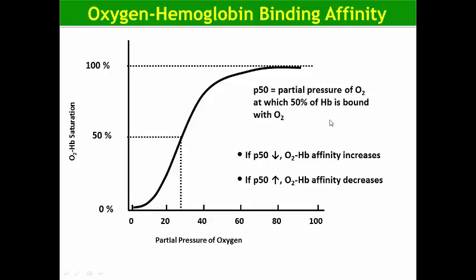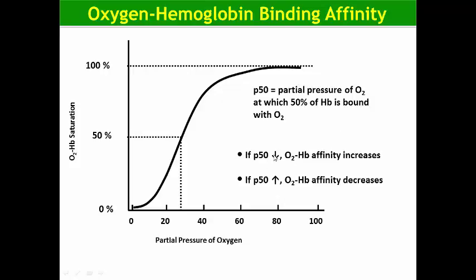P50 is the partial pressure of oxygen at which 50% of hemoglobin is bound with oxygen, i.e. 50% of hemoglobin is saturated with oxygen. So this is 50% saturation, so this is P50. P50 here is something like 25 or 26 millimeters of mercury.